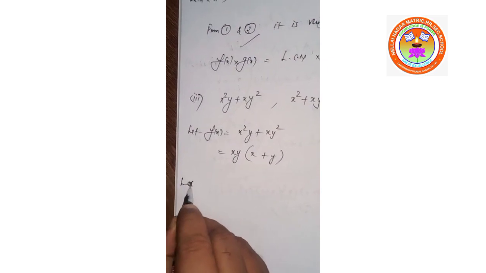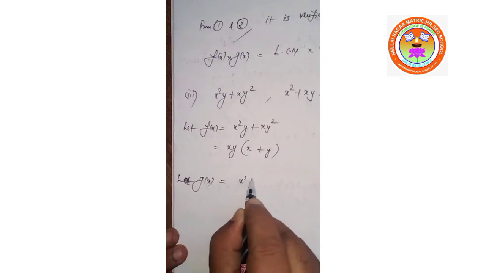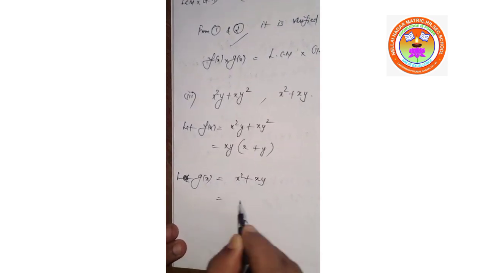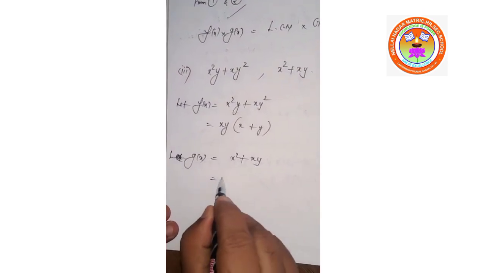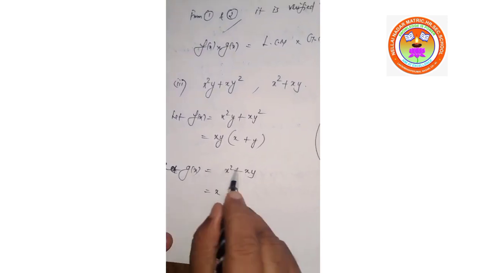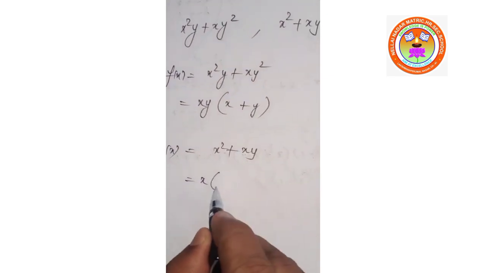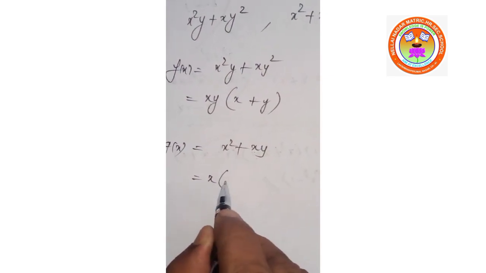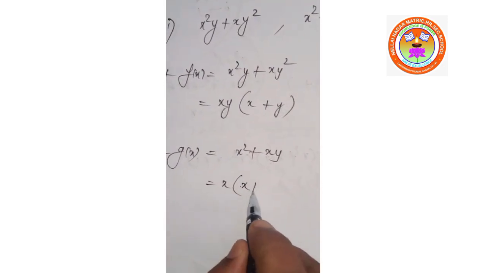let g of x equal x squared plus xy, common x squared and x, which one is the least? x. Here there is no y at all, so x alone is common. After taking x common, you can directly write: what should be multiplied with x to get x squared? x, obviously, because x into x is x squared.